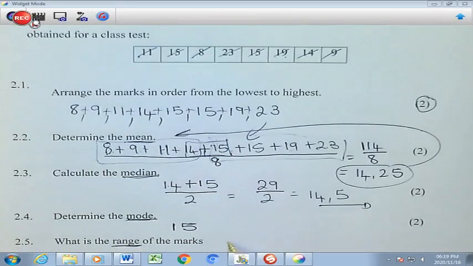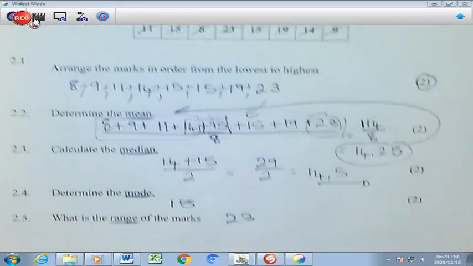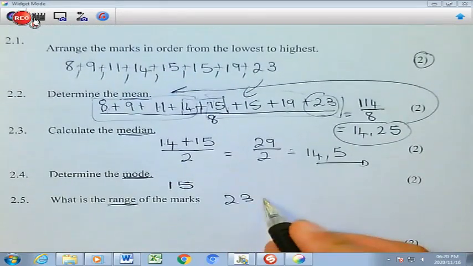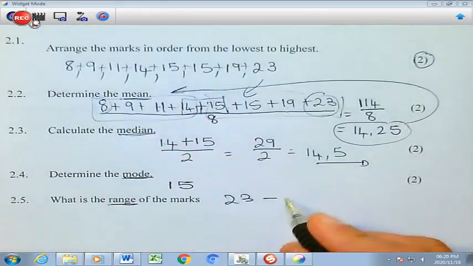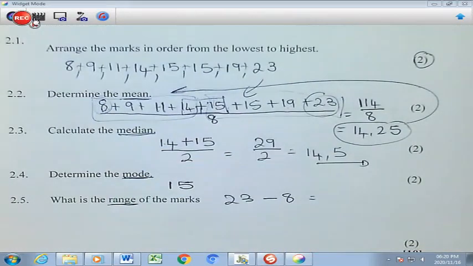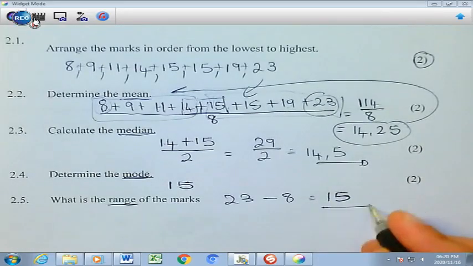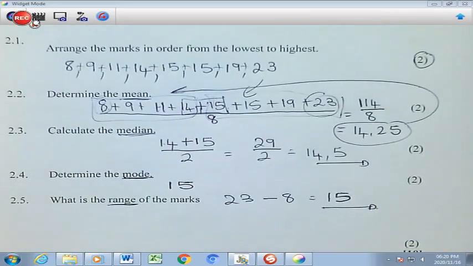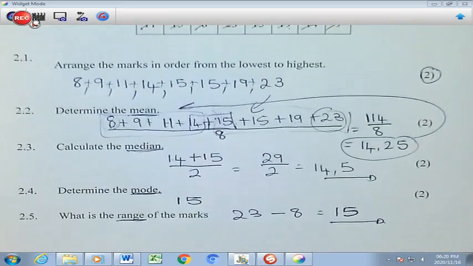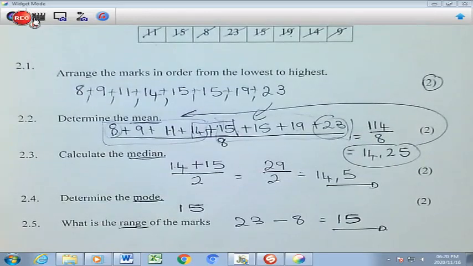The range would be where you take the highest value, which is 23, and I'm just going to move this up, minus the lowest value, which is 8. And 23 minus 8 is going to give you 15. So 15 would be your range. And that concludes the second part, or question 2 of data handling.